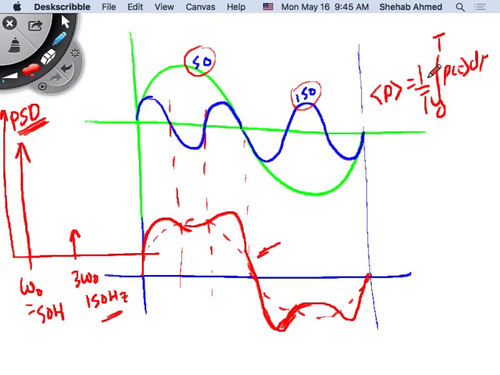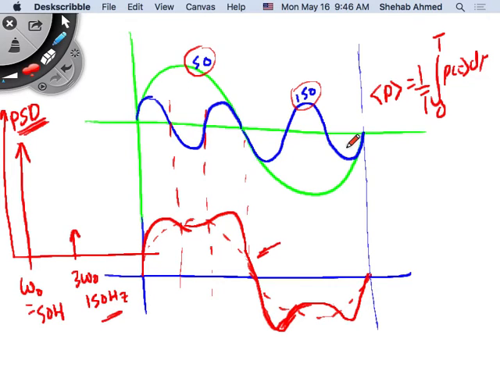So what is this integration? Graphically, it's the area under the curve. So the larger the area under the curve, the more power. If I consider this voltage waveform, the 50 hertz waveform, versus this blue waveform, which has the larger area under the curve, assuming they're both positive, okay?